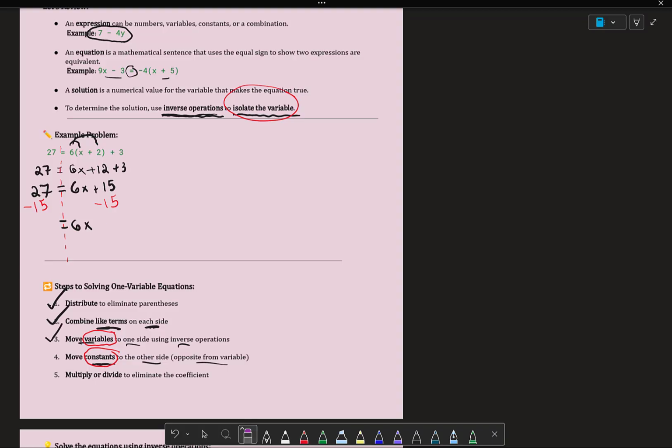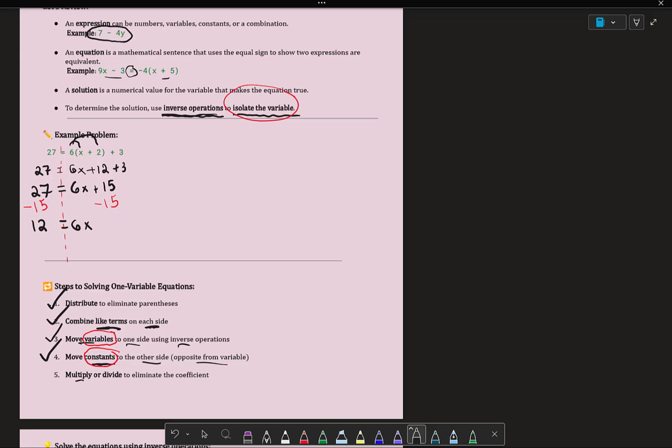I'm going to erase that because we don't need to write plus 0. Covered that in the last video. 27 minus 15 is 12. So that's step 4. The constants are all on the other side away from the variable.